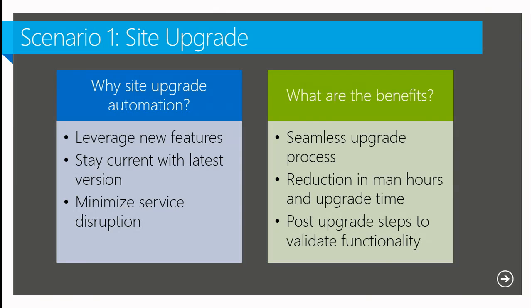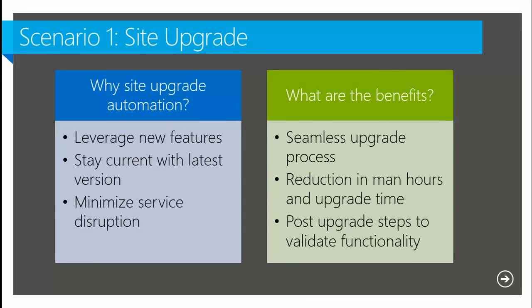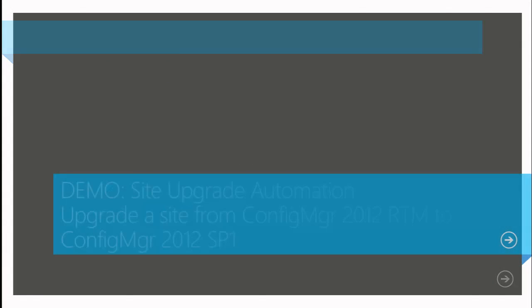After we kick off the demo, we'll share some of the results we've been able to achieve at Microsoft IT. And the benefits: the seamless upgrade process, the reduction in man hours, the ability to reduce manual errors, and doing the post-validation to ensure that the site is working. So let's move quickly to the demo.